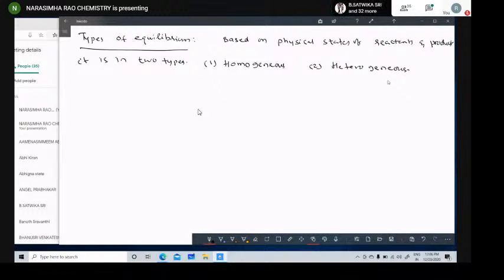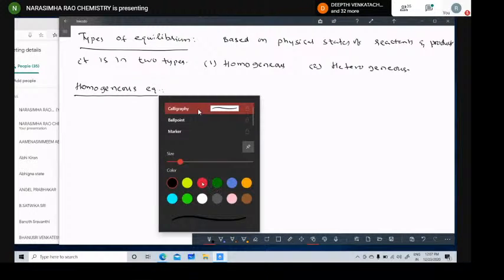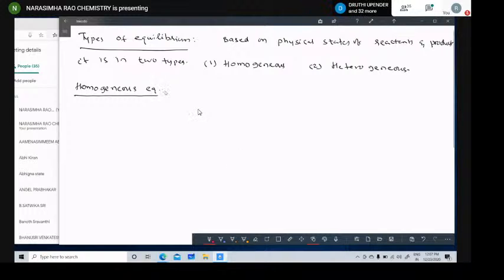Let me discuss here. Homogeneous equilibrium means equilibrium in which both reactants and products are in the single phase, or same phase. Means the equilibrium is in a single phase.